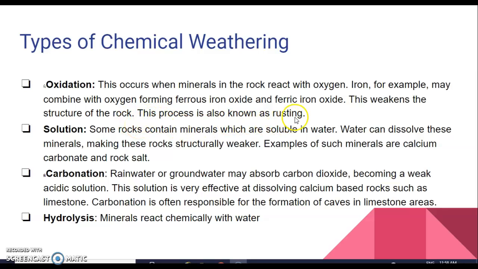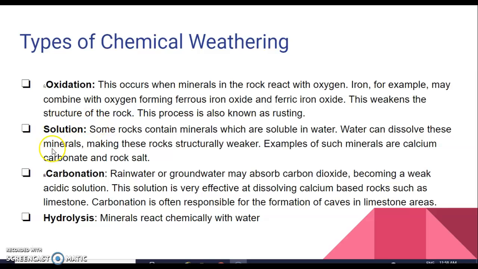Now, this process is known as rusting. Similar to when we leave metal outside for a long period of time, we find that when we go back and we touch the metal, particles from the metal start to break down, weakening that metal. That process is known as rusting.